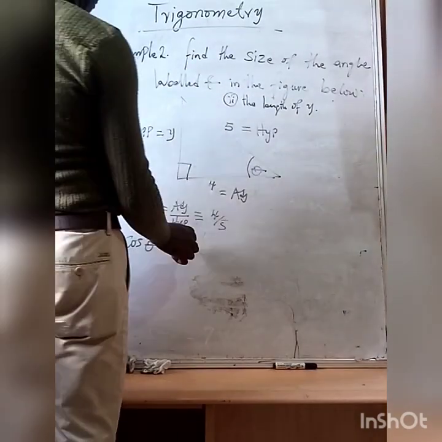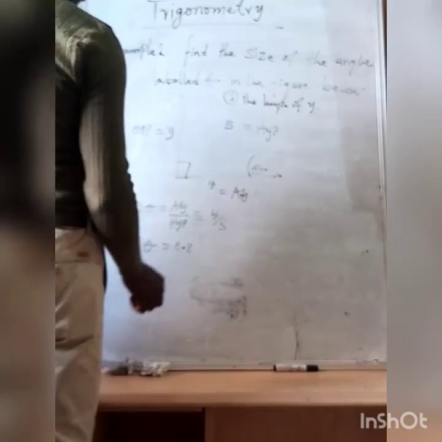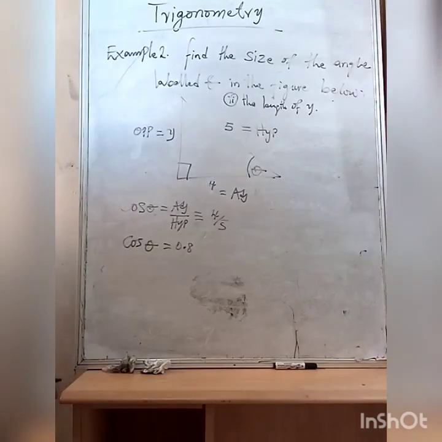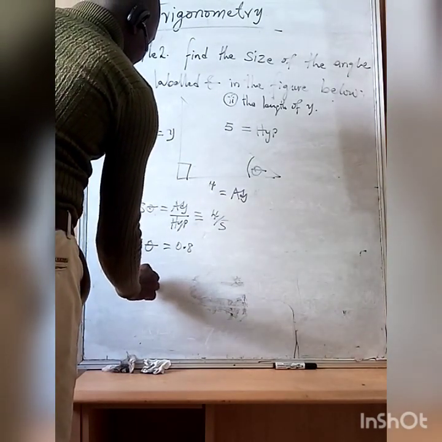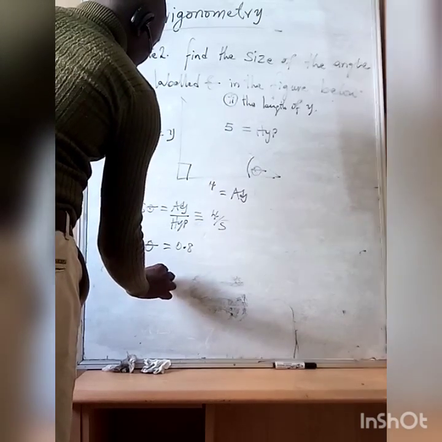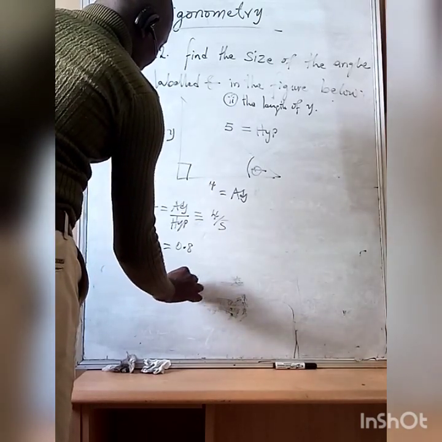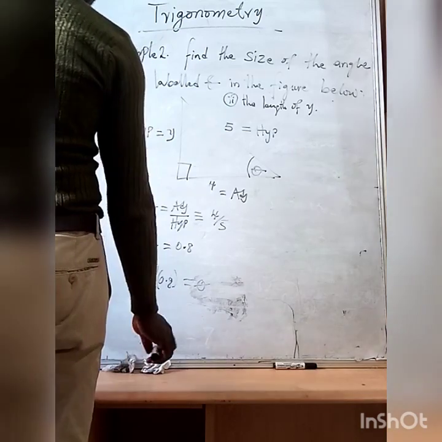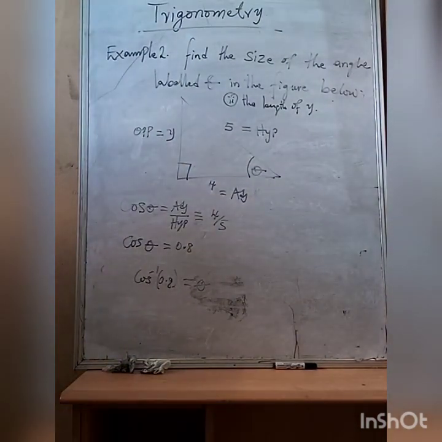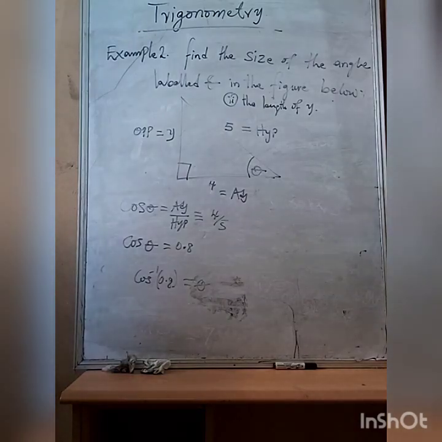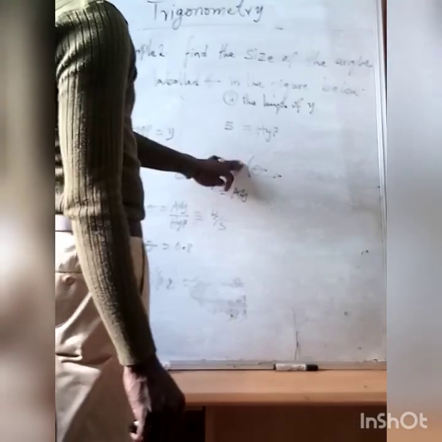If you like, you can put it to 4 decimal places; if you don't, you leave it, because the zeros behind it are insignificant after all. Theta, or cos inverse of 0.8, is equal to theta. So you may use your calculator to find the cos inverse of 0.8, and that is going to give us the angle here.